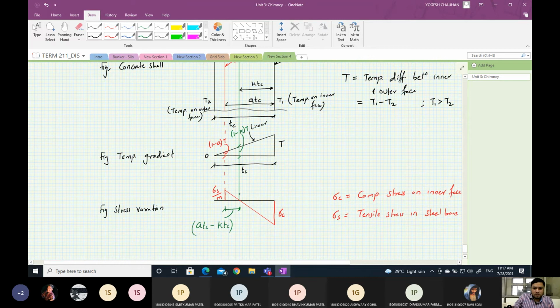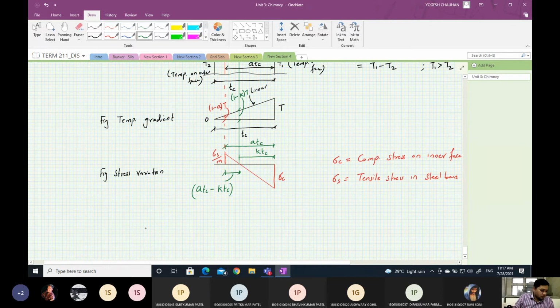And this distance will be K times TC. And this distance is A times TC. Okay, this is A times TC, this is K times TC, so this will be A times TC minus K times TC.